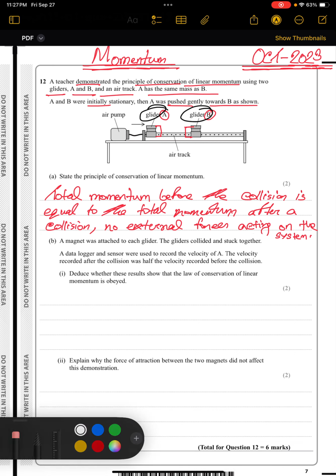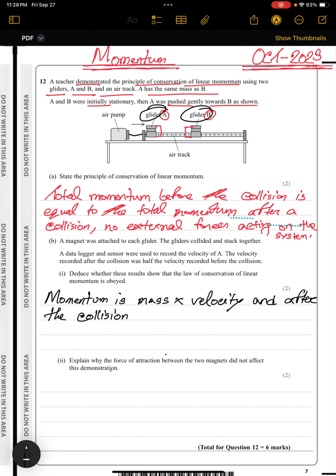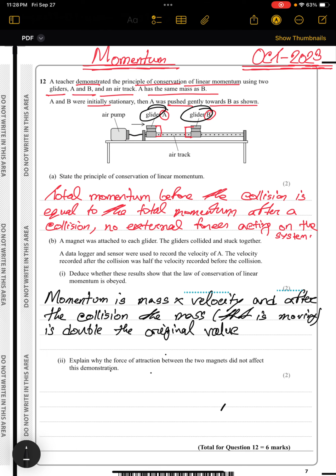So let's go and write it down. Momentum is mass into velocity, and after the collision, the mass that is moving is double the original value, because velocity is half its original value.